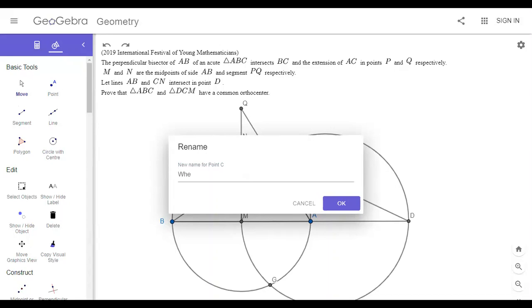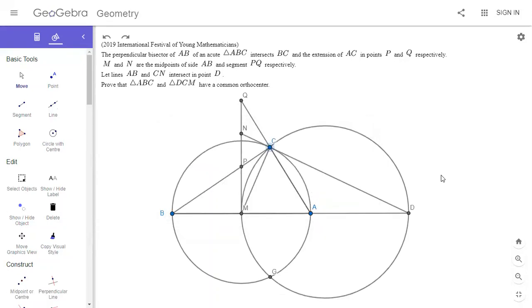We'll just type it. Assuming H to be the orthocenter has finished it by similar triangles.